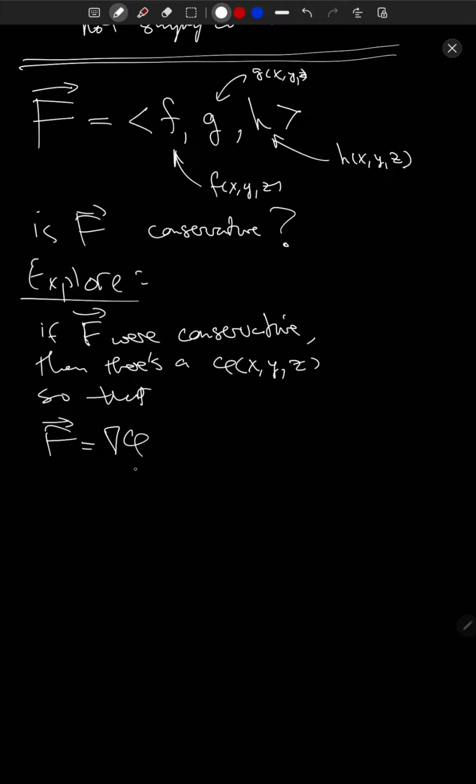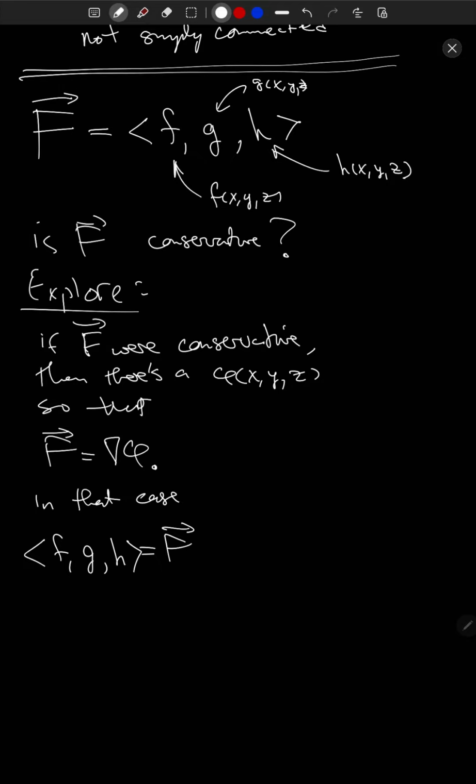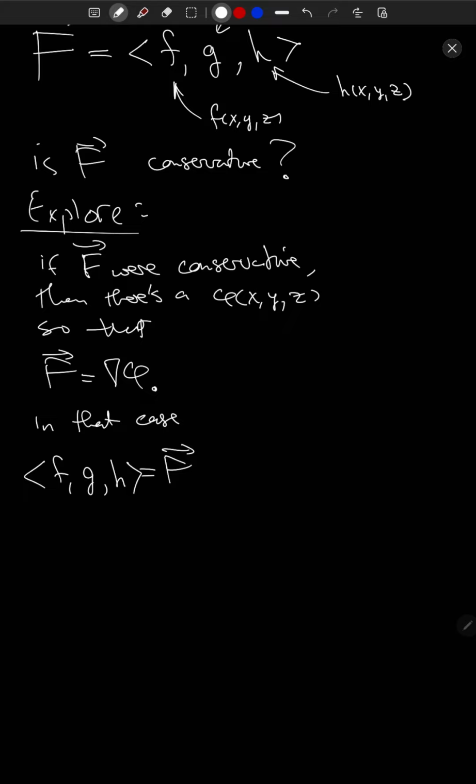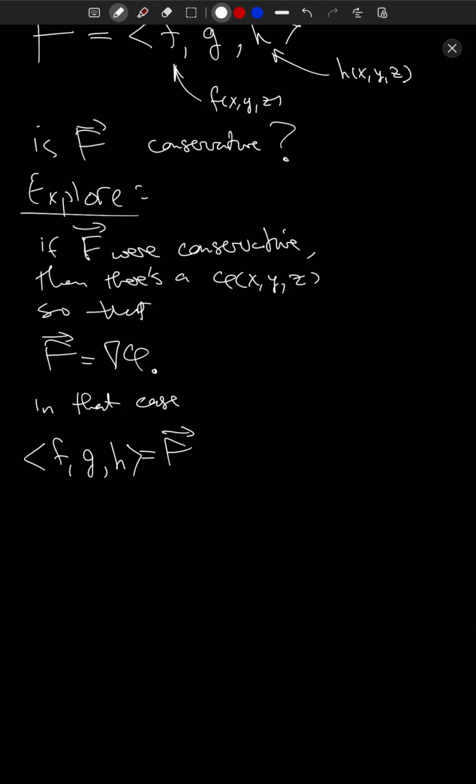In that case, F is equal to (f, g, h), and we've written F as these three components, but F is also gradient phi. What is gradient phi? That's (phi sub x, phi sub y, phi sub z).